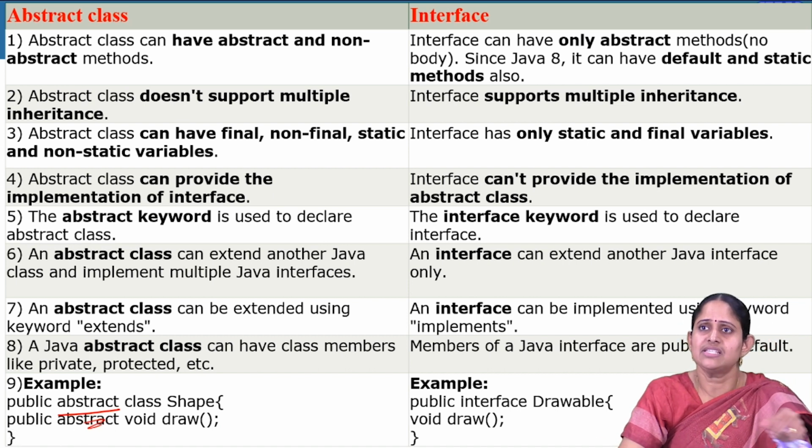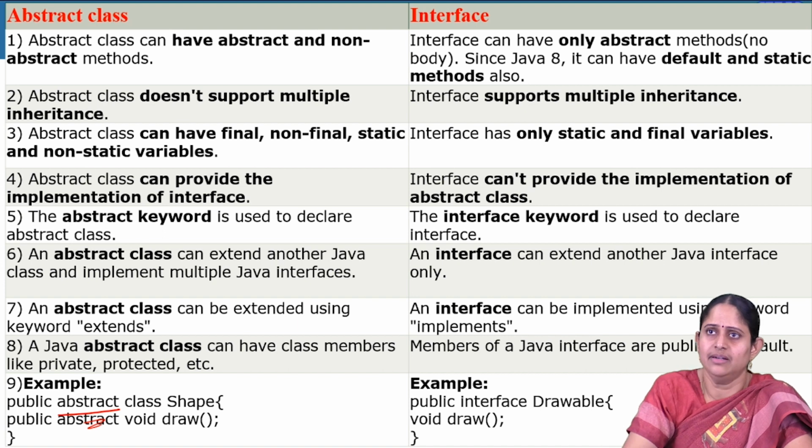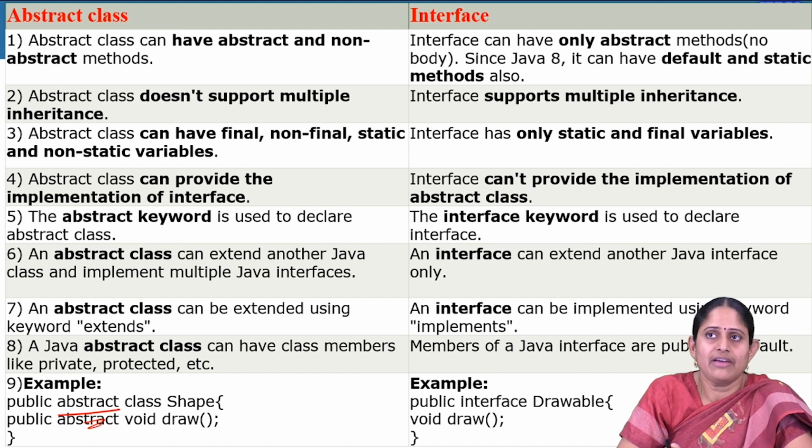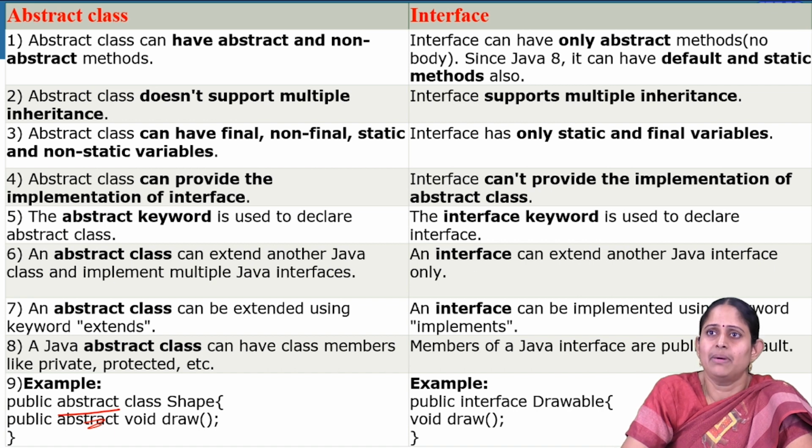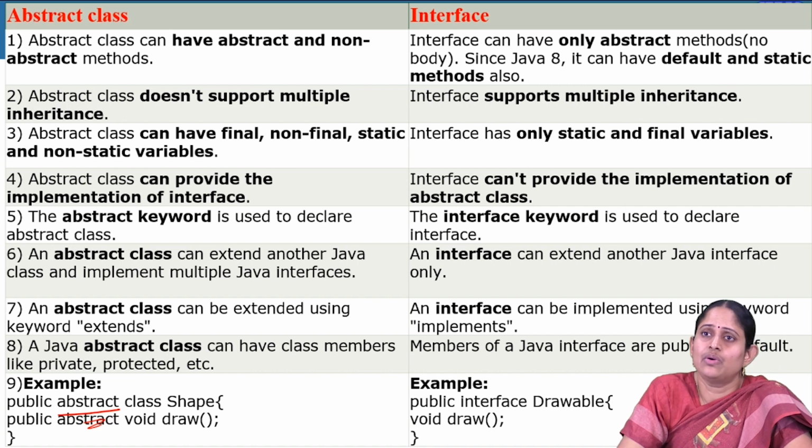Next, the interfaces. They can have only abstract methods, that is, they cannot have any implementation. But from Java 8 onwards, they support default and static methods which can have implementation. To achieve multiple inheritance, it is interfaces that are used. Interface variables are always static and final.